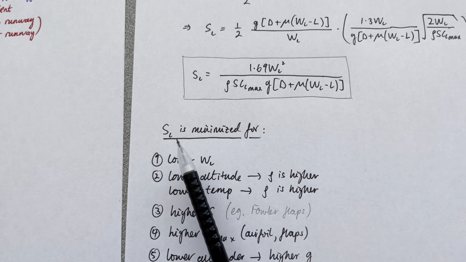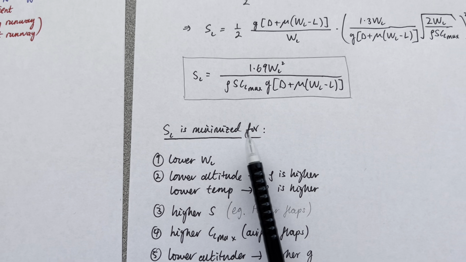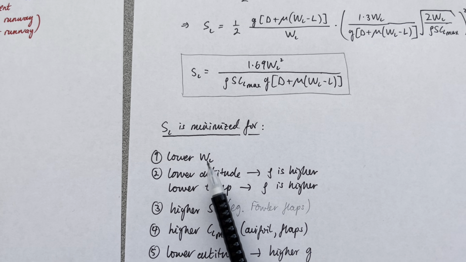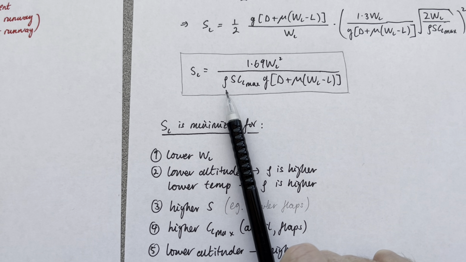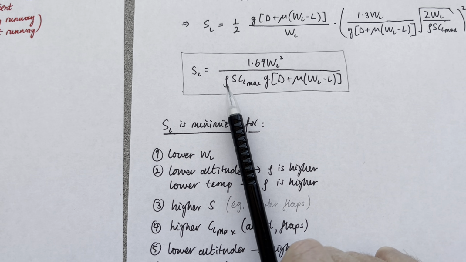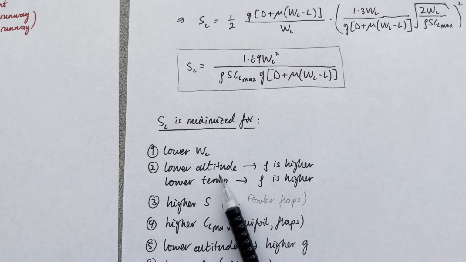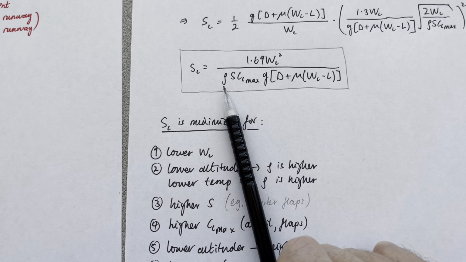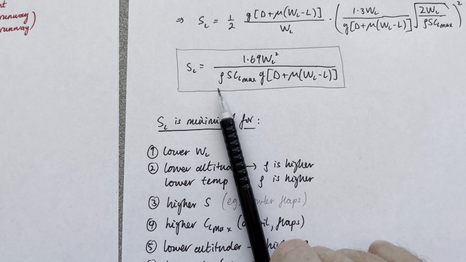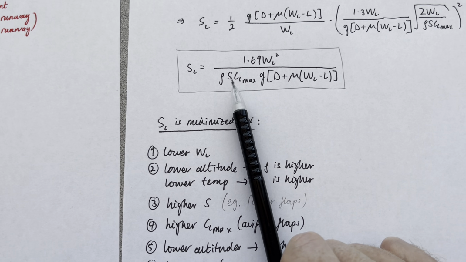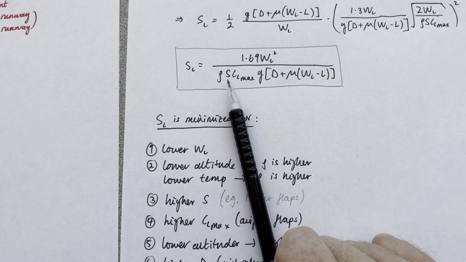So obviously landing distance is minimized for lower weights. We've got our density term here again in the denominator, so we need to maximize that. That's maximized at lower altitudes, also for lower temperatures. Our landing distance is minimized for higher wing reference areas.